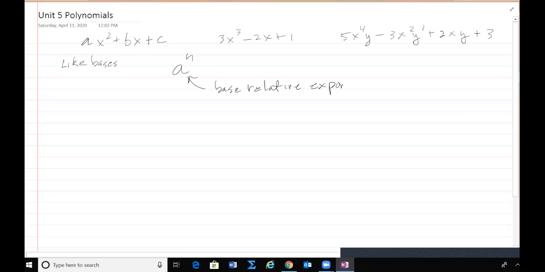So the exponent is the n value up here. So that's your exponent. Sometimes it's called a power. Okay, exponent or power.